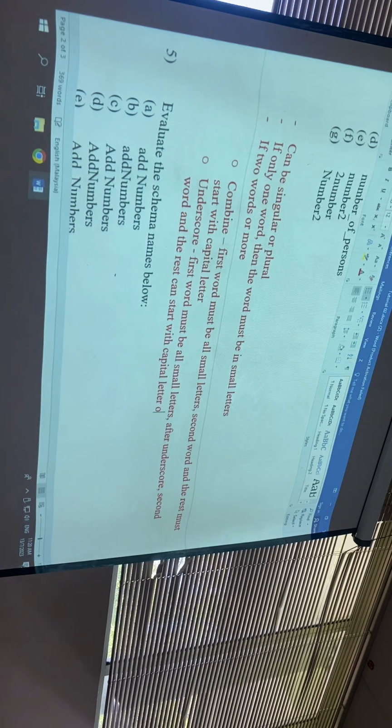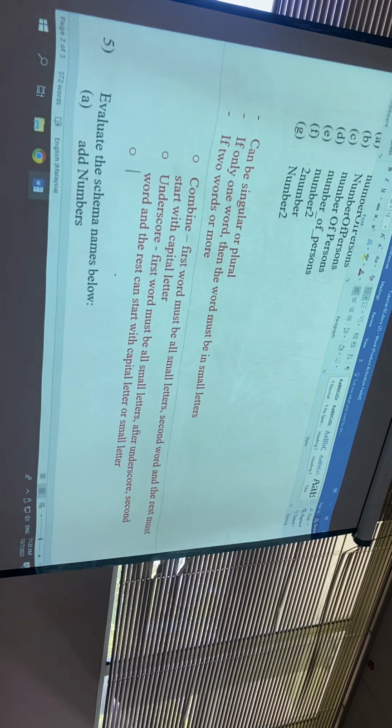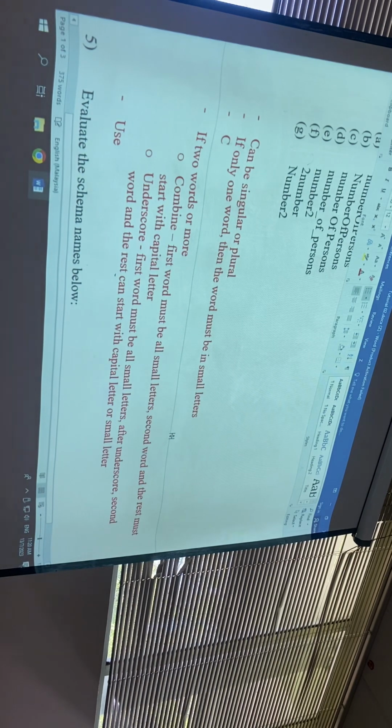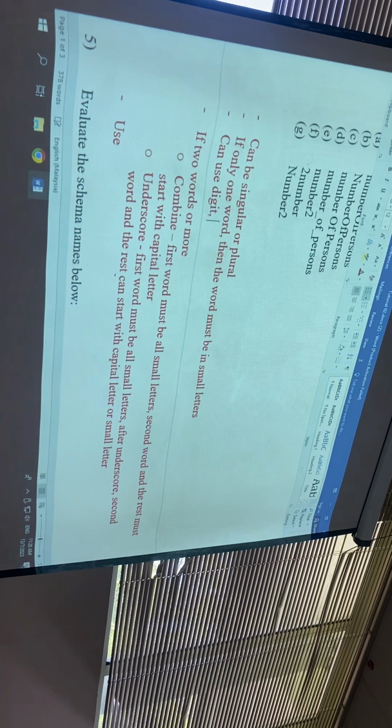So if you use underscore, then the second word, third word, whatever, it is okay to use capital letter or small letter. You can use digit, but cannot start with digit.